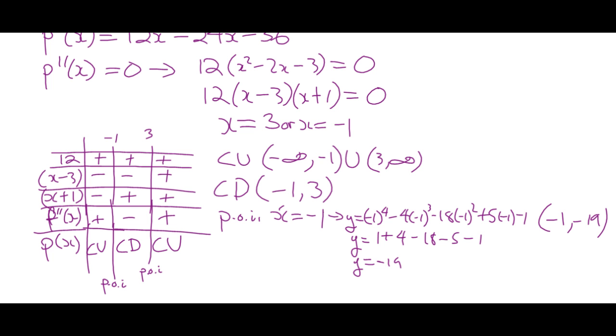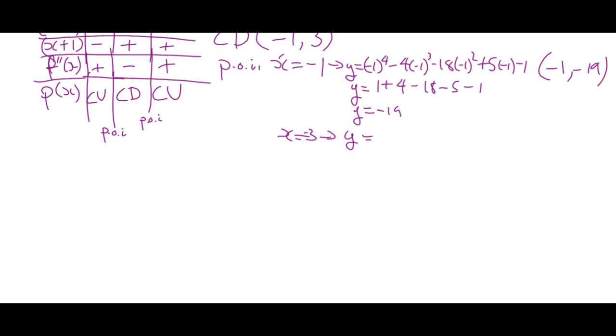And 3, right? Positive 3. So x equals 3. So 3 to the 4th minus 4 times 3 cubed minus 18 times 3 squared plus 5 times 3 minus 1. Gotta do a little arithmetic here. We got 81, 27, 108. 9 times 18, I think that's also 108. Plus 15. Negative 217 plus 15, negative 202?